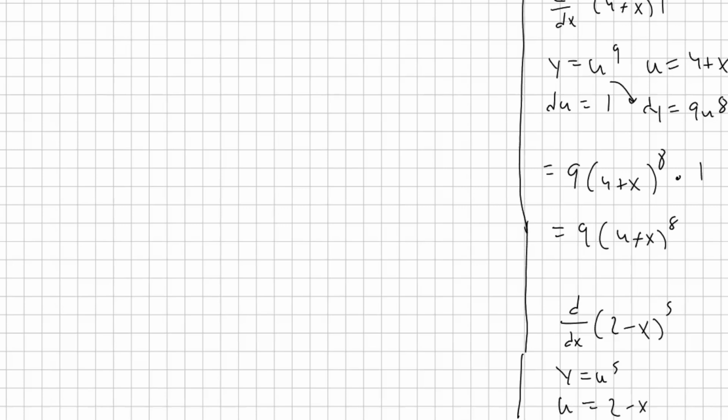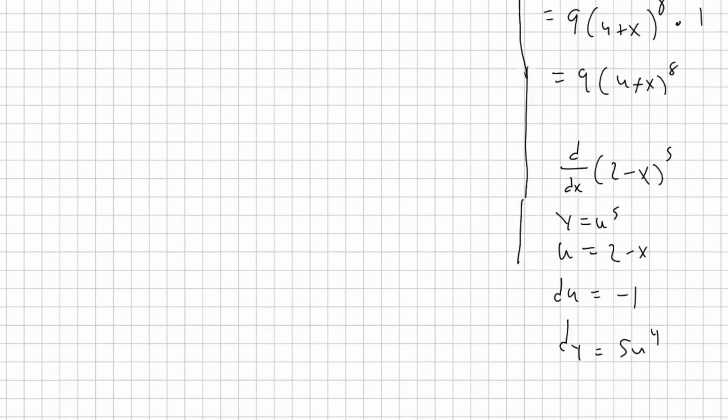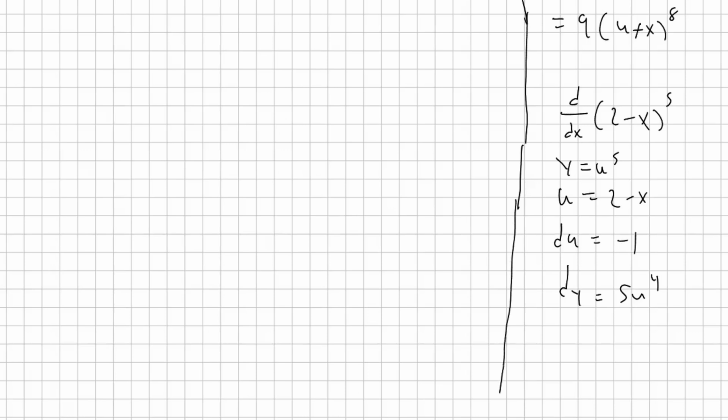And therefore my du is going to be equal to negative 1, and my dy is going to equal 5u to the fourth. So putting everything together, we're going to get 5 times (2 minus x) to the fourth, right? Multiplied by my du, which is negative 1.